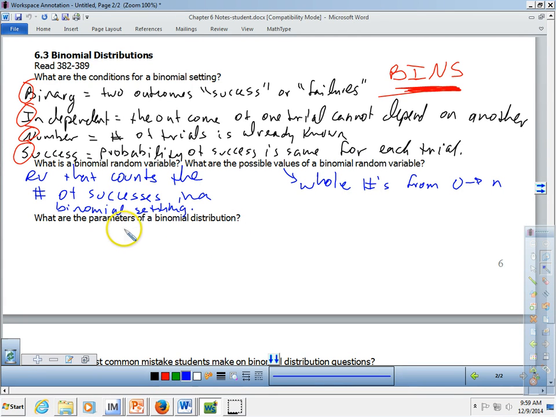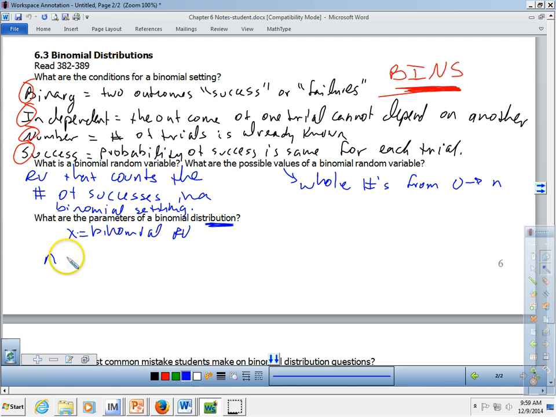All right? What are the parameters of a binomial distribution? Well, in order for us to create a distribution, if x is a binomial random variable, remember a distribution has all the possible outcomes of a variable and how often those values will occur, then I have to know the number of trials, because then I know I'm going to start at 0 for my possible values and go all the way out to the number of trials.